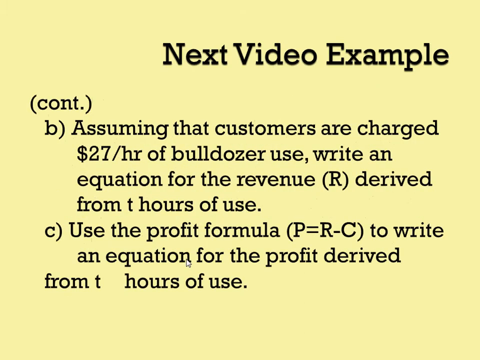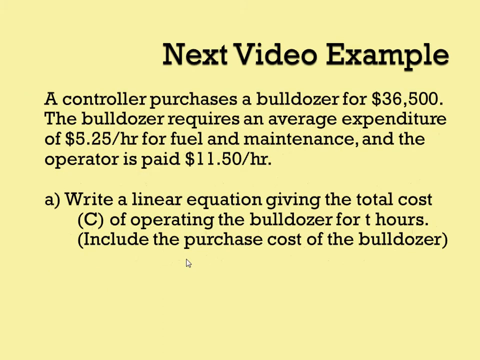Now the second part was assuming that the customers are charged $27 per hour of bulldozer use. Write an equation for the revenue R derived from T hours of use. So I'm assuming what this really is, this person is making an investment.